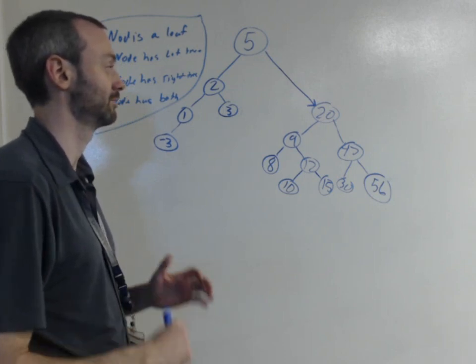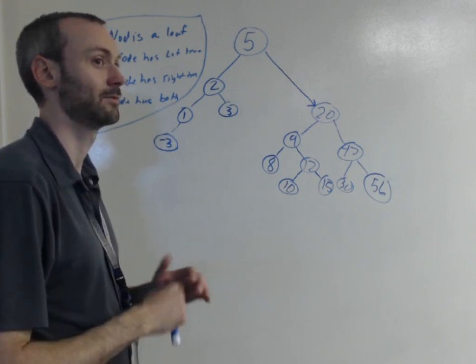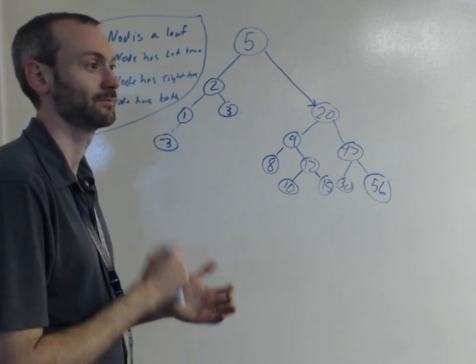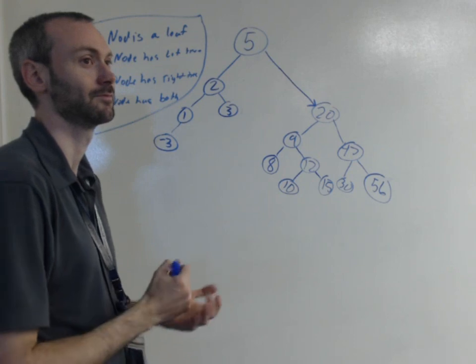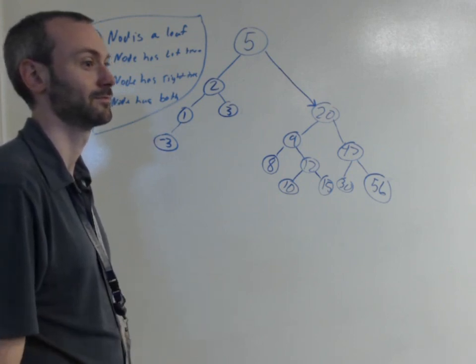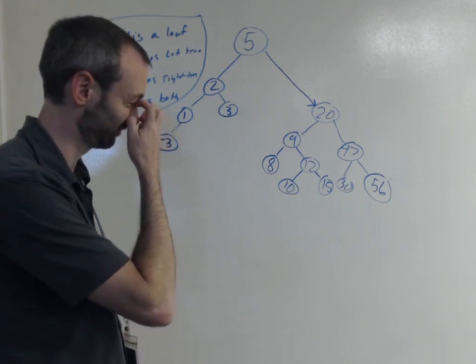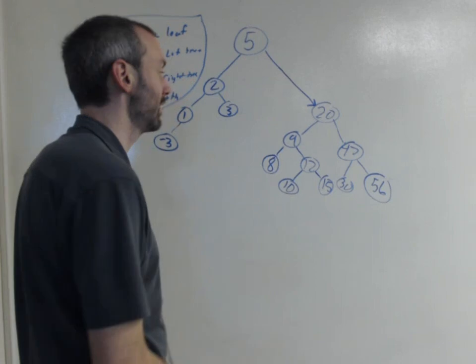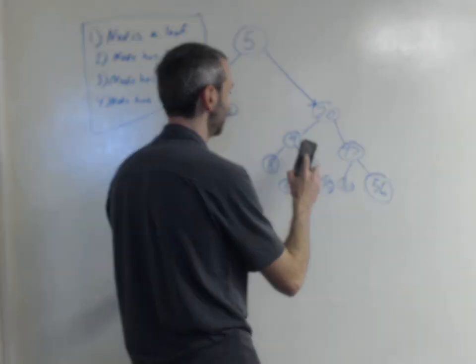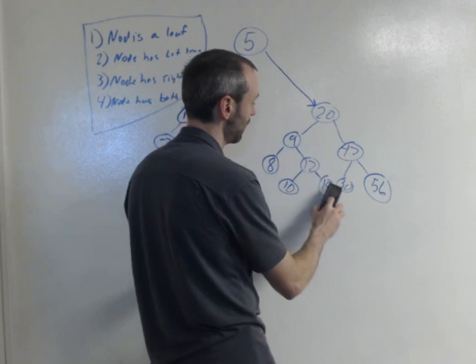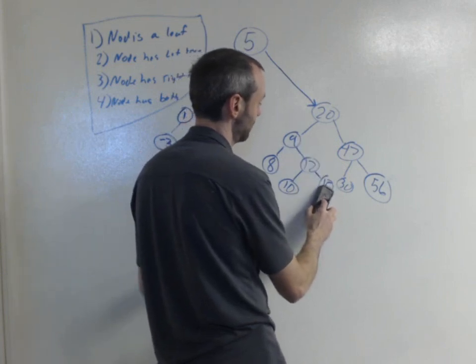What number could replace 20? 15 probably. So what Blake did was take the greatest of the left tree, go to the left, take the greatest, which was this 15.